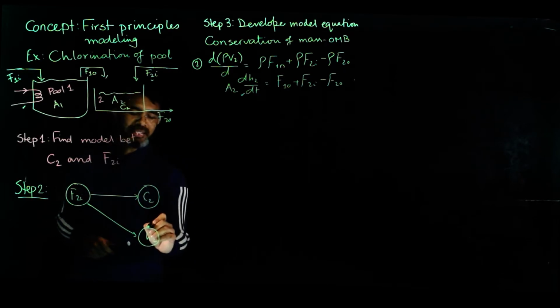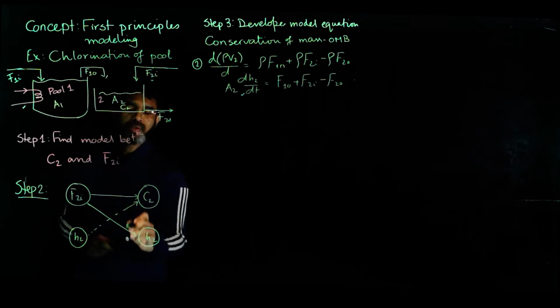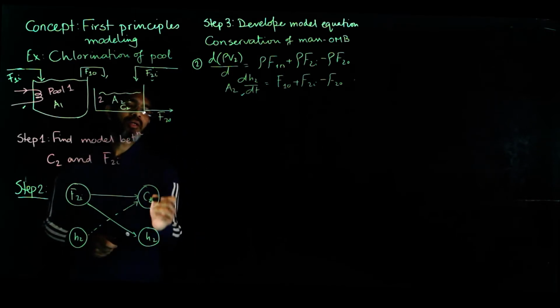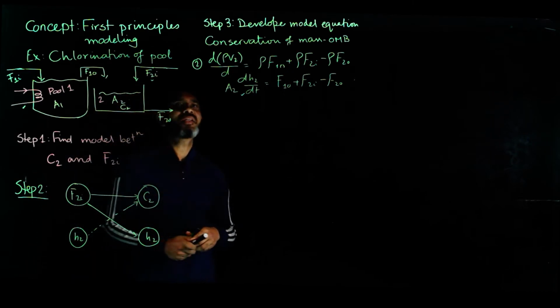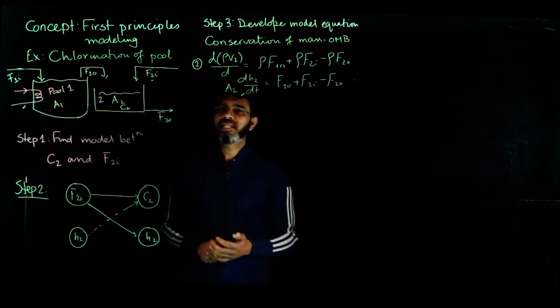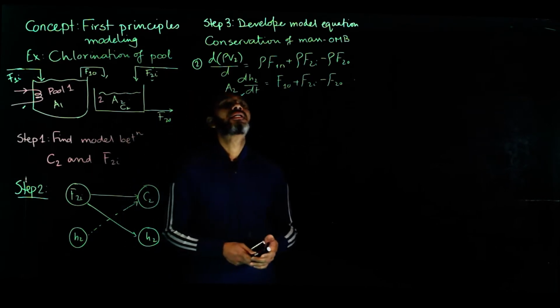So this H2 will have an effect on C2. So you see that we will have not only one direct relation, there will be more than one relation to relate these variables.